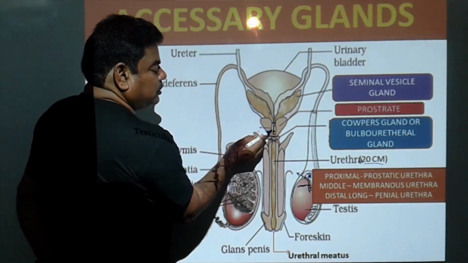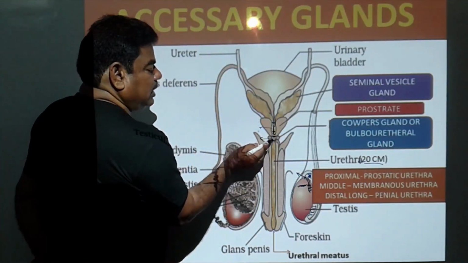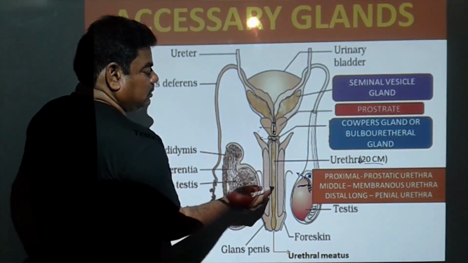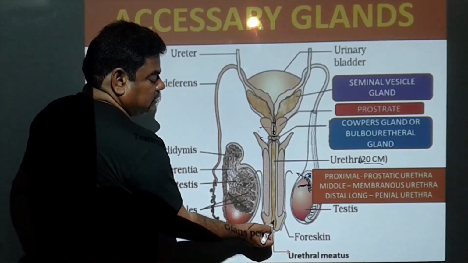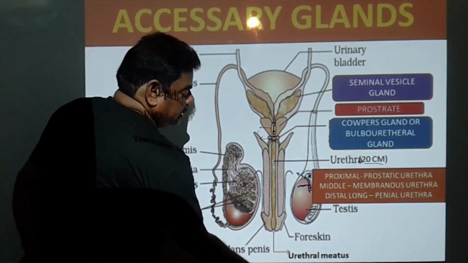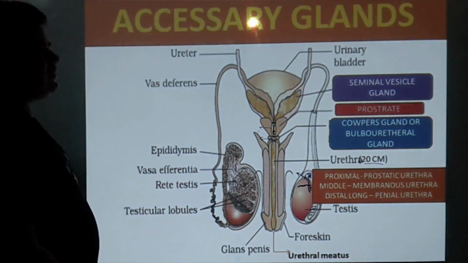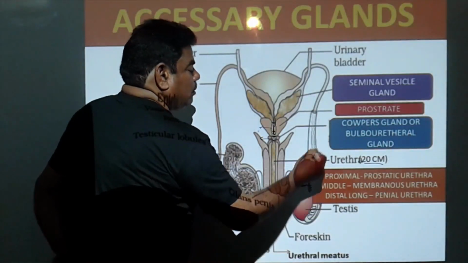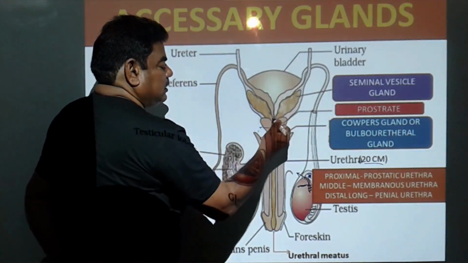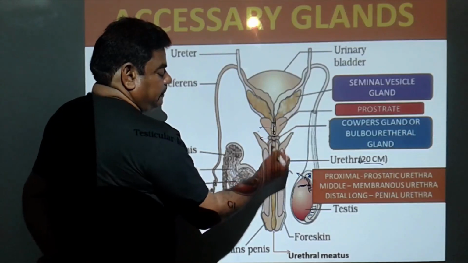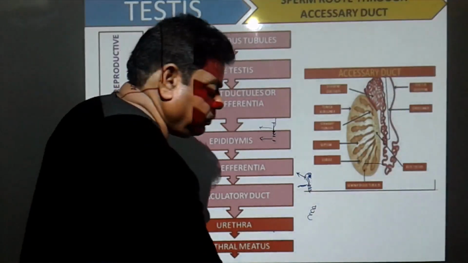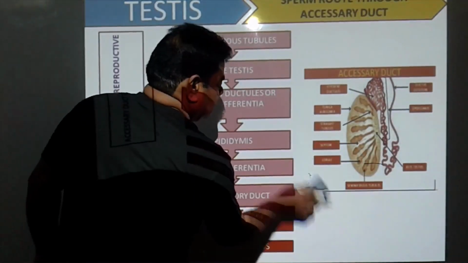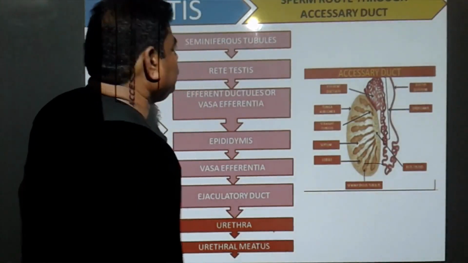It comes into the proximal prostatic urethra, to the middle membranous urethra, to the long penile urethra, and then all the sperms along with the seminal fluid, that is semen, get ejaculated out through this common opening known as the urethral meatus. So this is the route of the sperm, which travels through all these ducts and ultimately is released out like this.